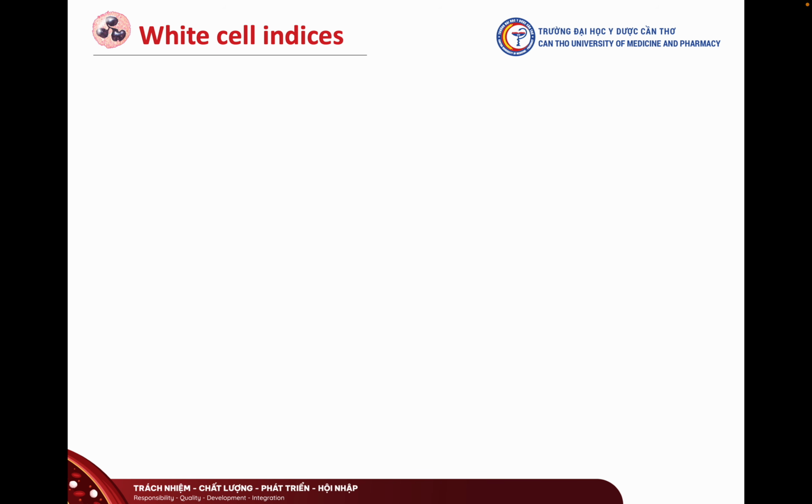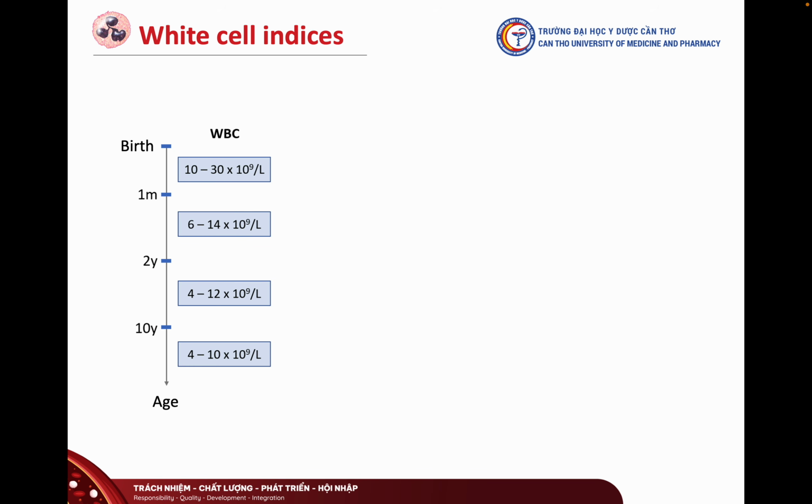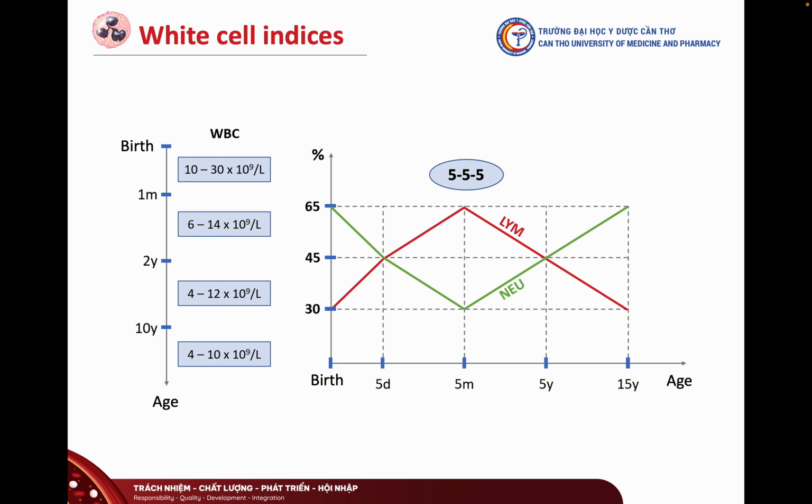To answer that question, whether this baby is healthy or not, we need to understand how white blood cells change with age. Let's look at the two important trends. On the left, you can see the normal white blood cell count is highest at birth, then gradually decreases with age. On the right, we have the leukocyte differential shift. At birth, neutrophils predominate.